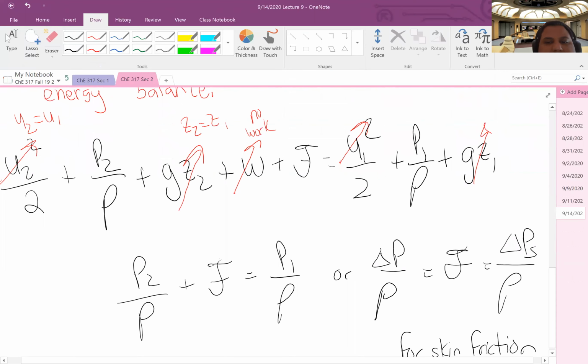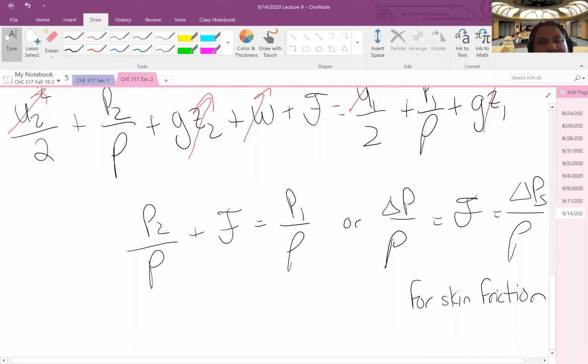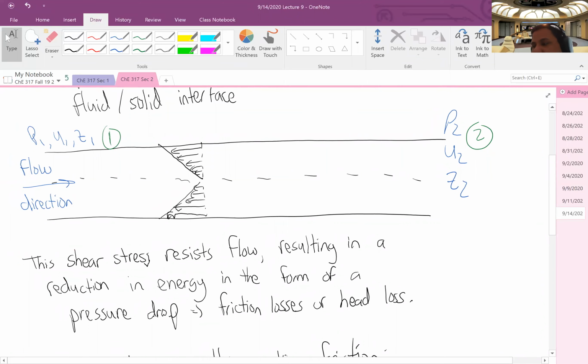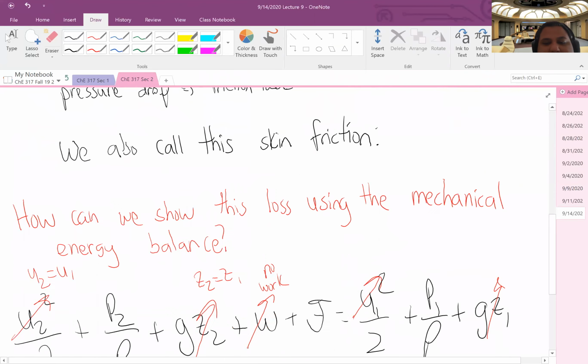And so by looking at a mechanical energy balance between my two points, I can identify the emergence of skin friction within my system. But I just stated a second ago that this emerges due to the presence of shear stress.